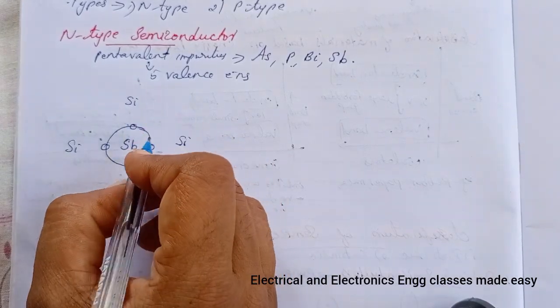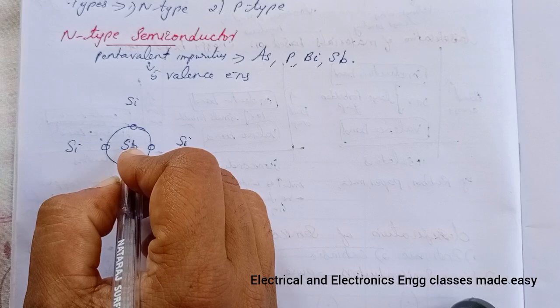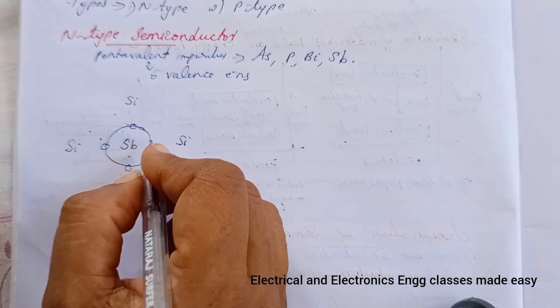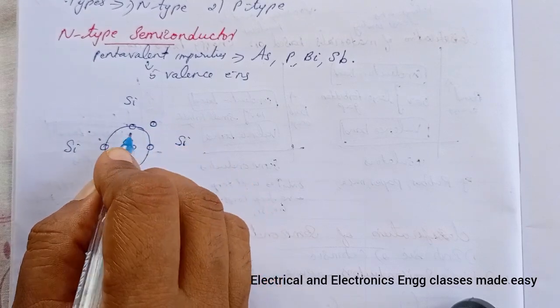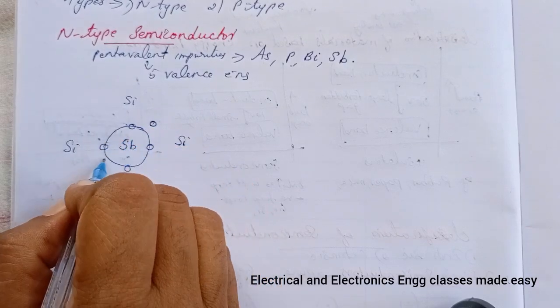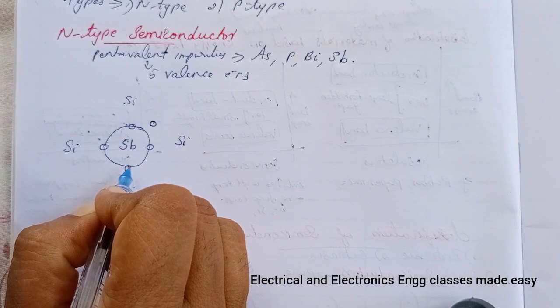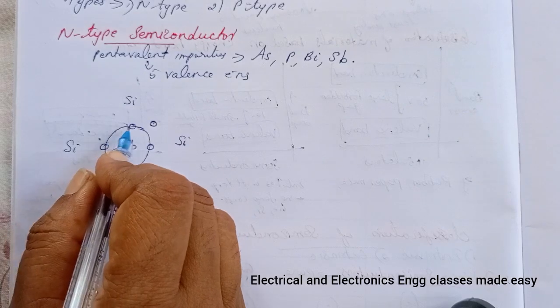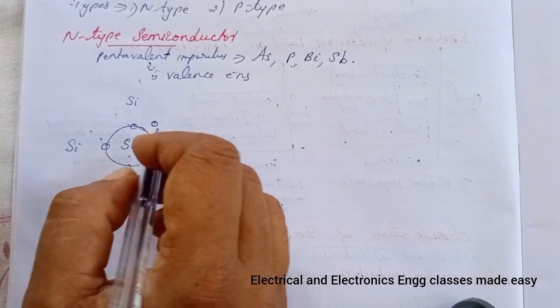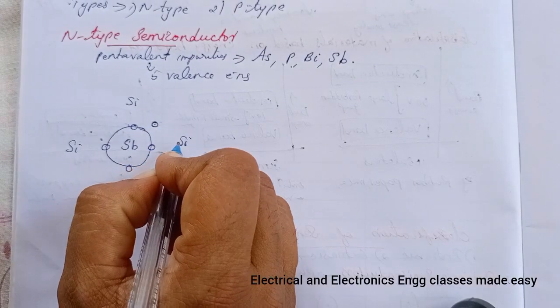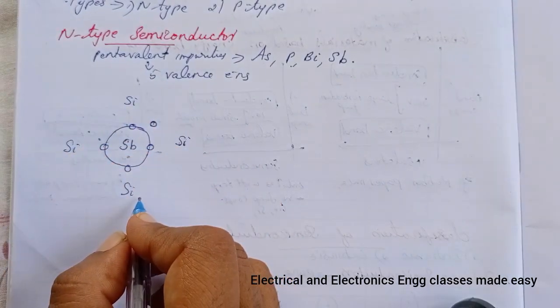Only 4 of the 5 valence electrons of the impurity atom, the antimony atom, form covalent bonds with neighboring silicon atoms.